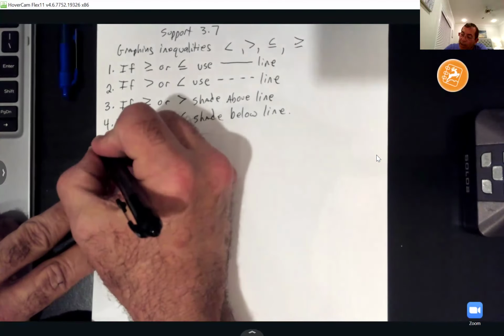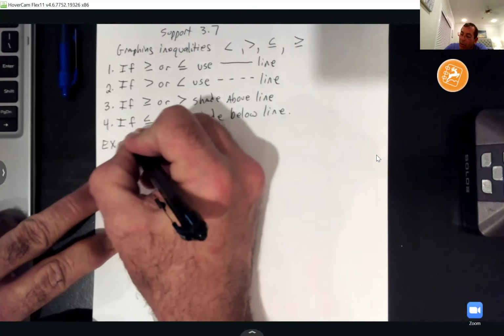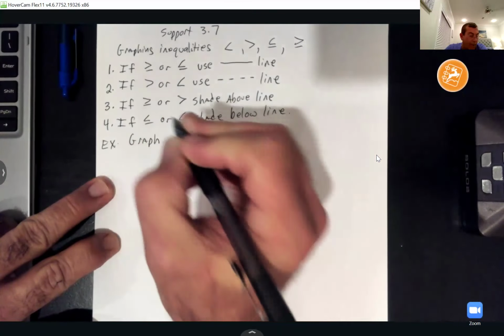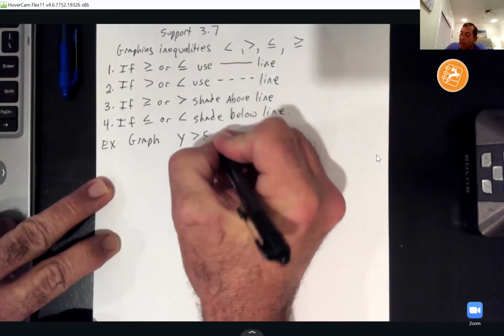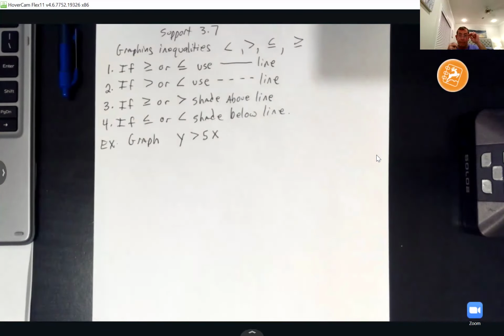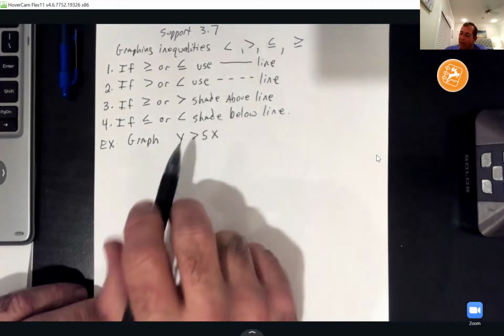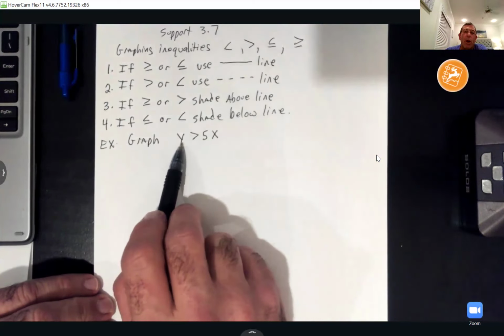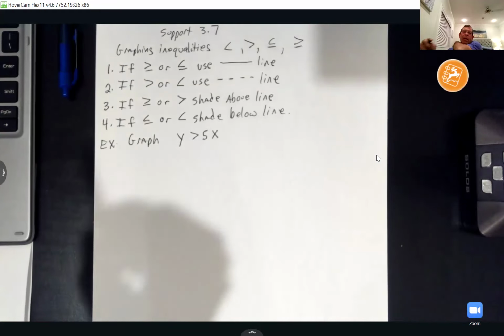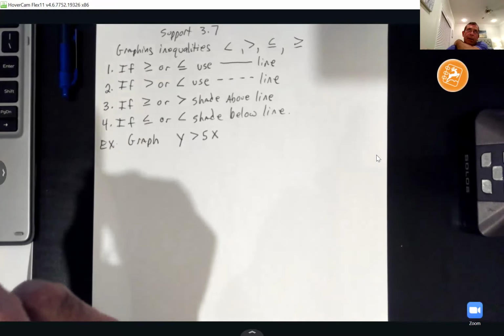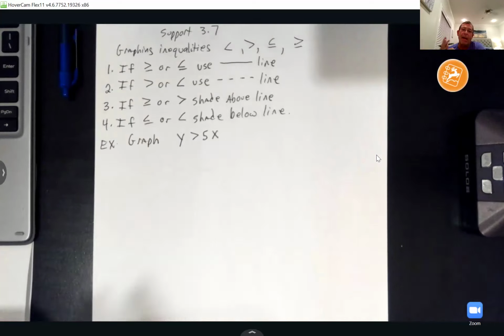So we're going to do an example. We're going to graph y is greater than 5x. All righty. Now, on all these that are solved for the y, you can graph these and it'll sort of look like the pictures you're graphing by hand.